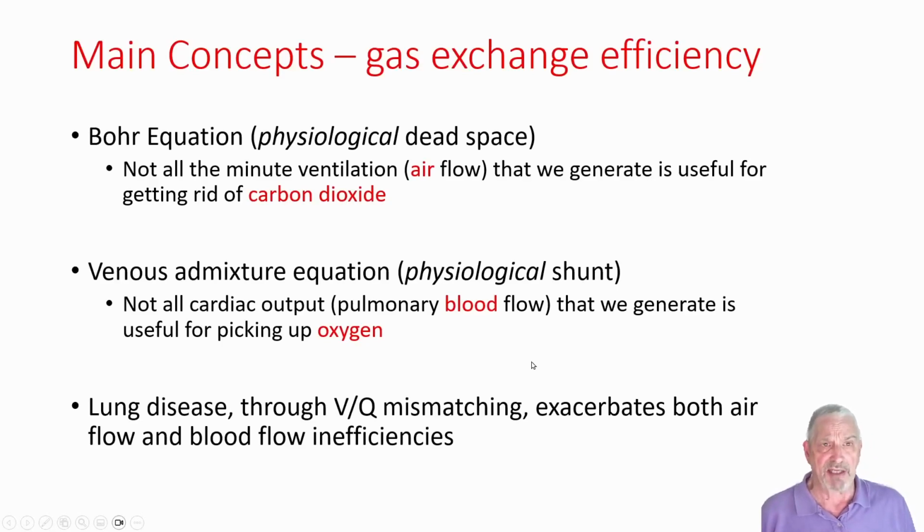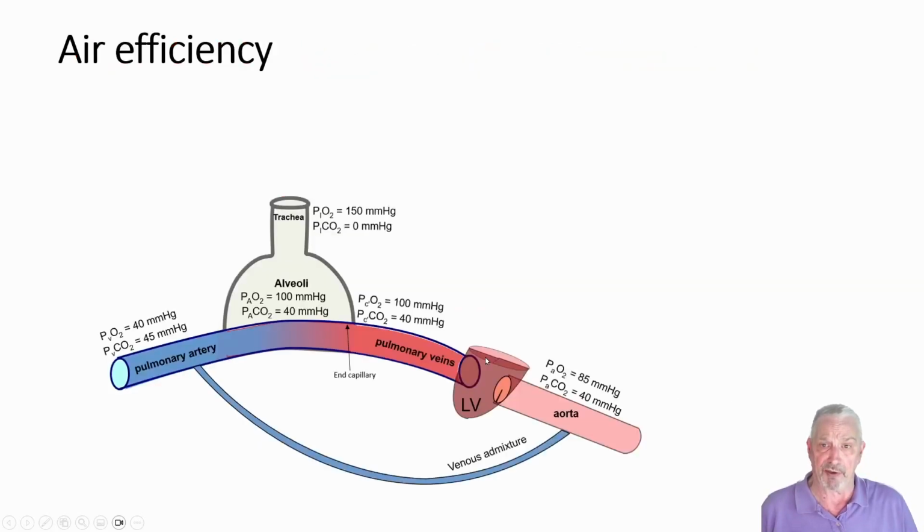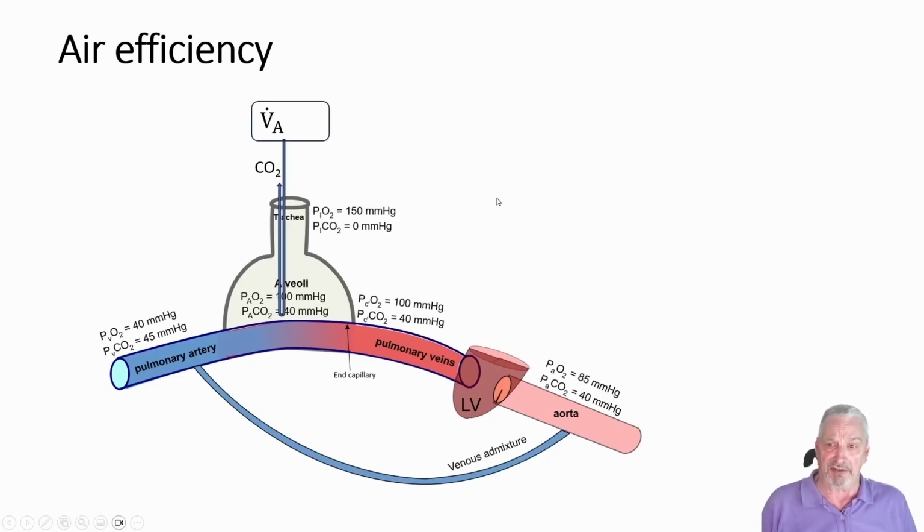And the bottom line of this in a nutshell module really is that lung disease through VQ mismatching causes inefficiencies in both air exchange and blood flow, such that both the physiological dead space and the physiological venous admixture are going to be increased.